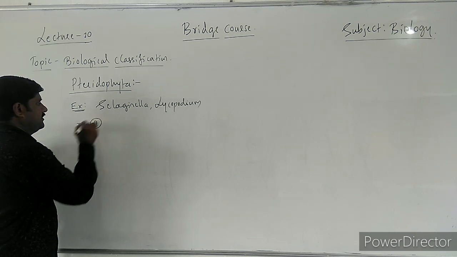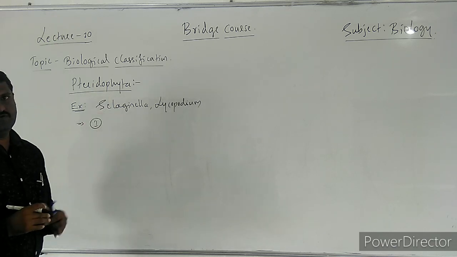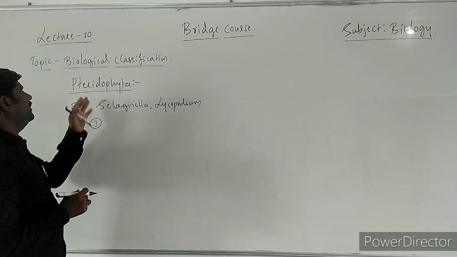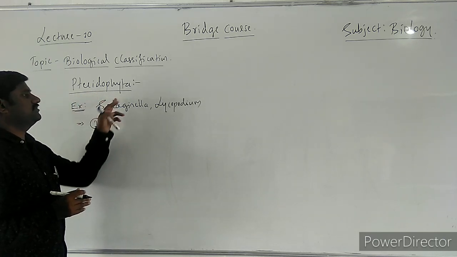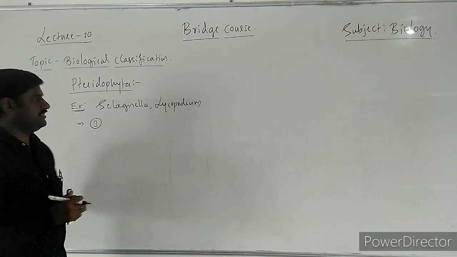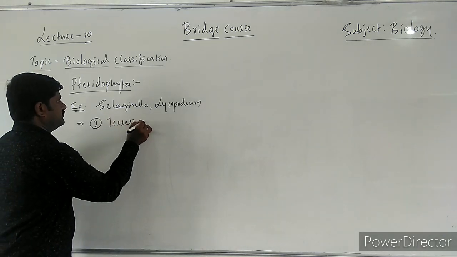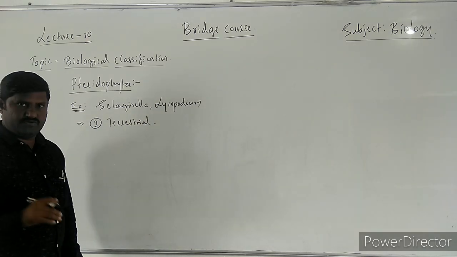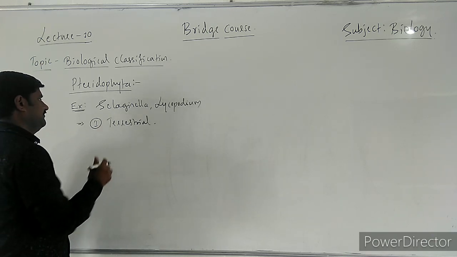So first one is occurrence. Where do you get these plants? Where are they usually growing? These plants have a well differentiated plant body, and they have vascular bundles. They are usually terrestrial in nature, and some of them grow even in water conditions, I mean wet soil itself, right?